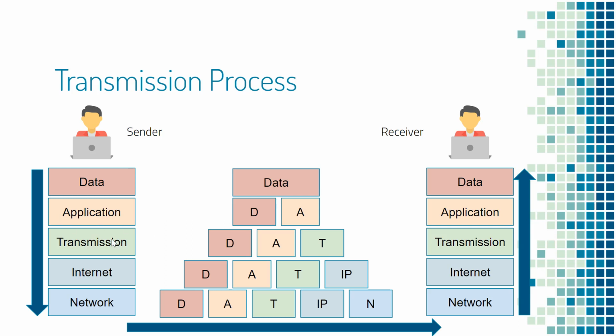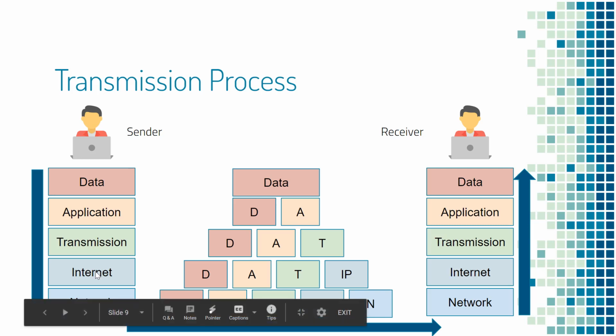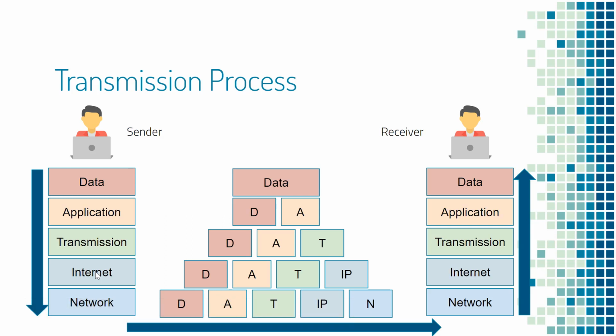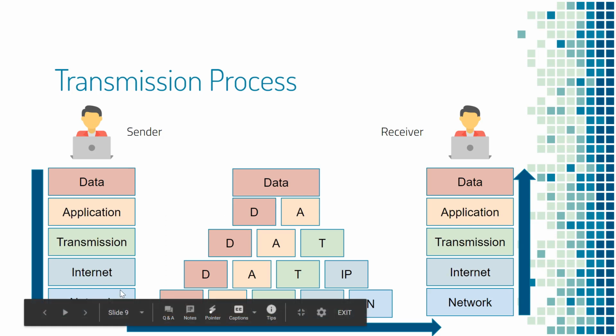In the transmission layer, we call the output a segment, and on the internet, we call the output a packet, and the output of the network is called a frame. In this case, it's going to be sent through the wire or through the wireless to the destination.